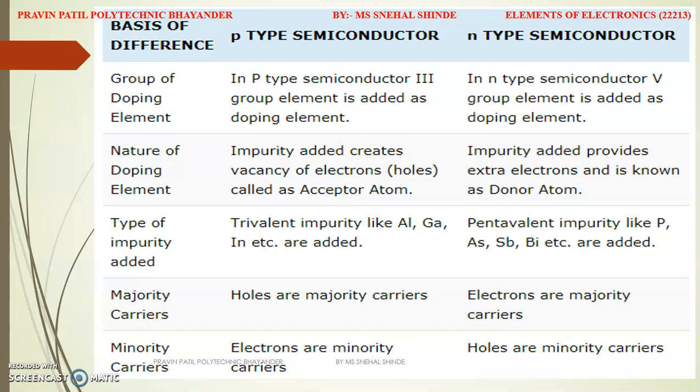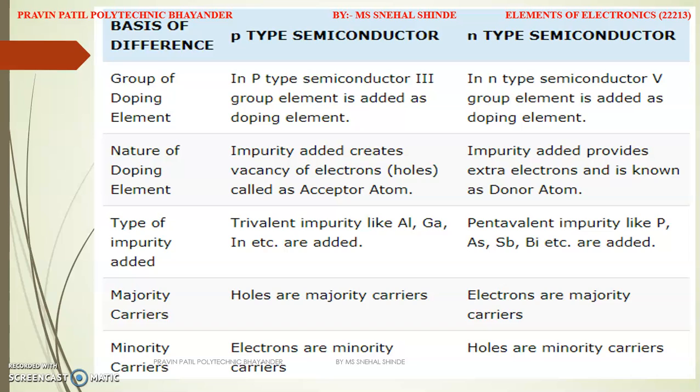Type of impurity added: in the p-type semiconductor, a trivalent impurity like aluminum, gallium, indium is added. In the n-type semiconductor, a pentavalent impurity like phosphorus, As, Sb, Bi is added.